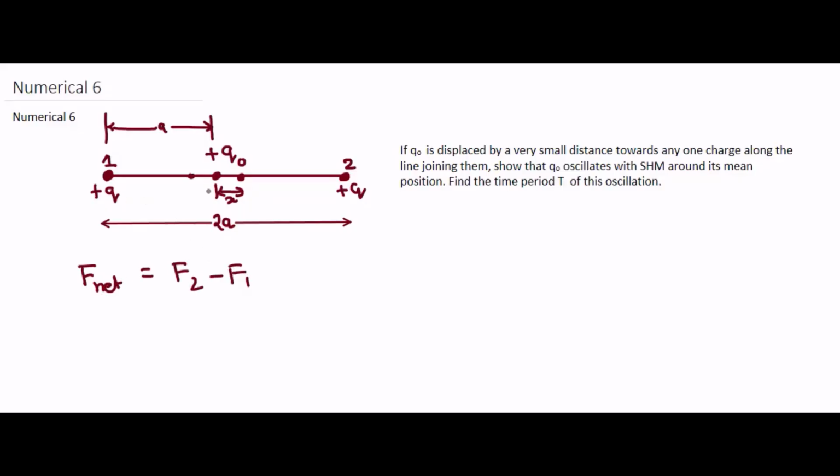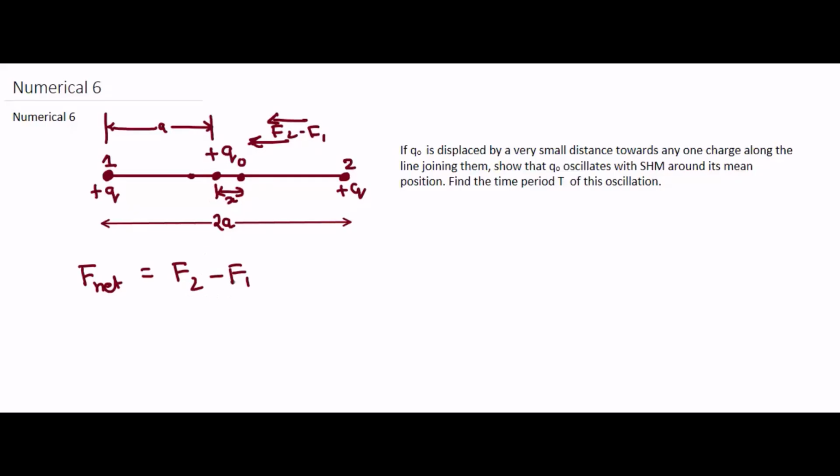F2 will be larger than F1 because the charge Q0 has come closer to charge 2. So F2 is larger and F1 is smaller. Therefore, this net force is acting in this direction. This is the direction in which F2 minus F1 will be acting when it is in this position. So F2 minus F1 acts in this direction and pushes it back.